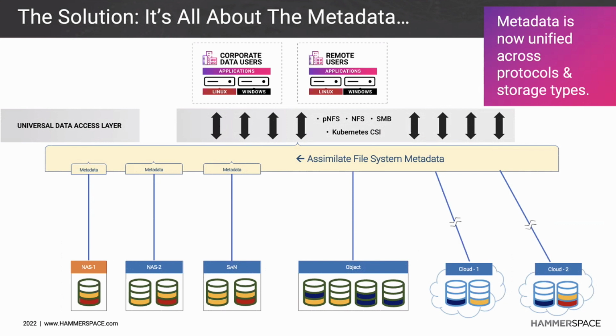So now, rather than the individual user or application mapping down to the device, they're mapping to the metadata control plane. In this way, they're seeing the file system at a global level, disconnected from the physical data essence that will be on one or perhaps multiple storage devices, or even locations, below.